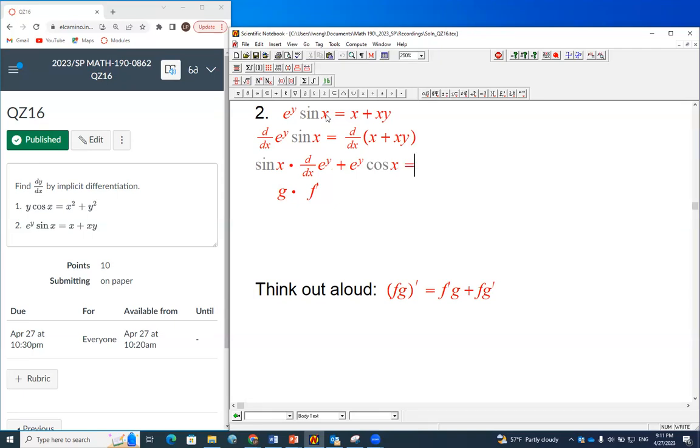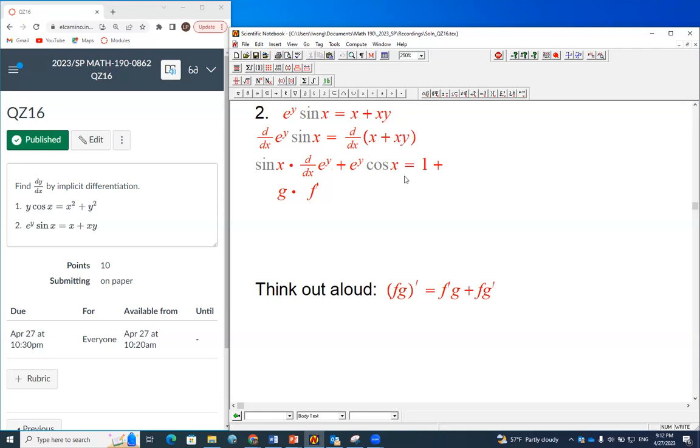On the right-hand side, you take a derivative of x, the derivative of x is 1. And the derivative of this product, you're going to apply the product rule again. So this is your f, and this is your g, supposedly.